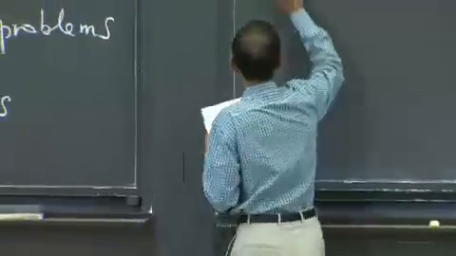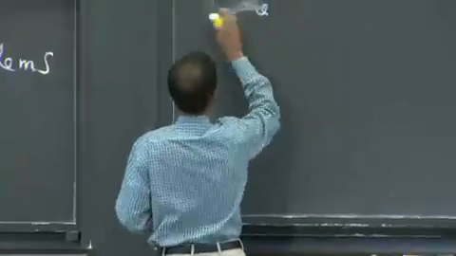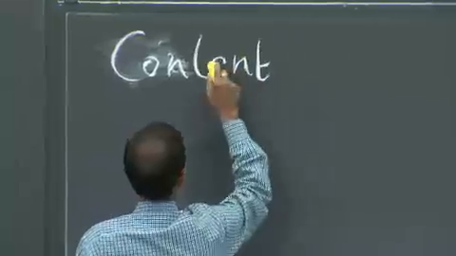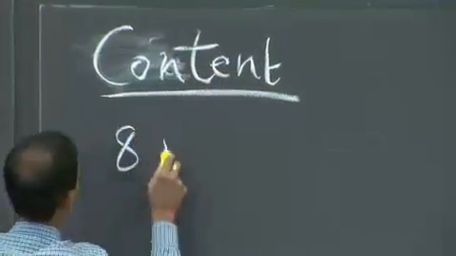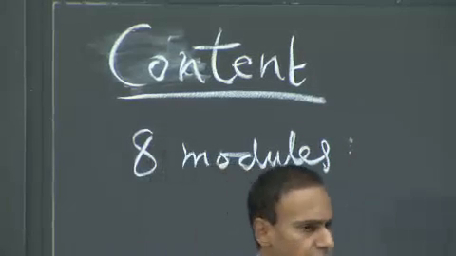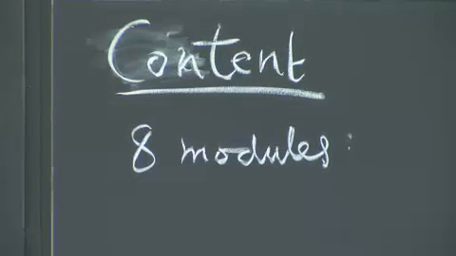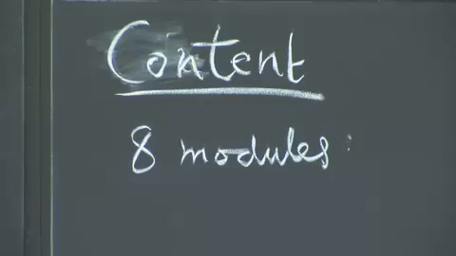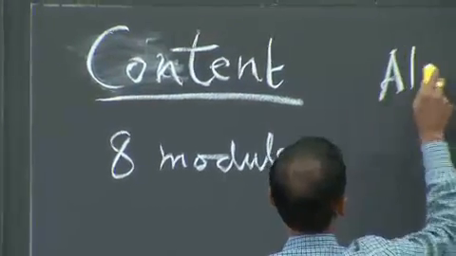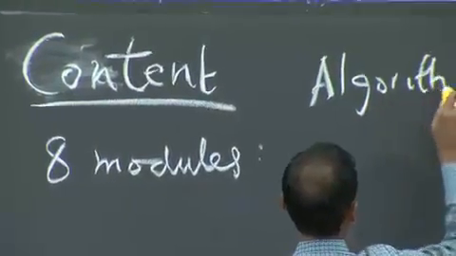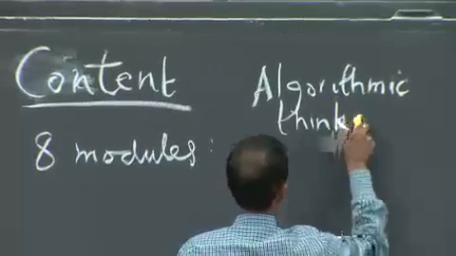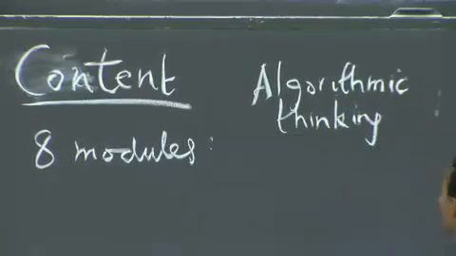So content-wise, we have 8 modules in the class, each of which, roughly speaking, has a problem set associated with it. The first of these is what we call algorithmic thinking. And we'll kickstart that one today.